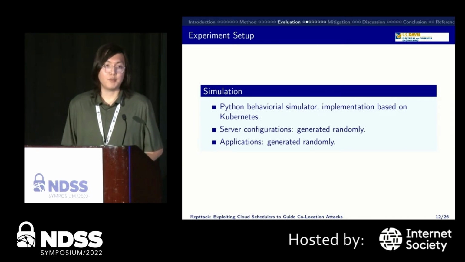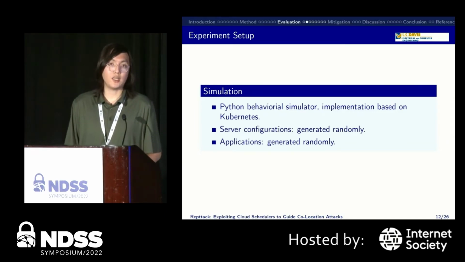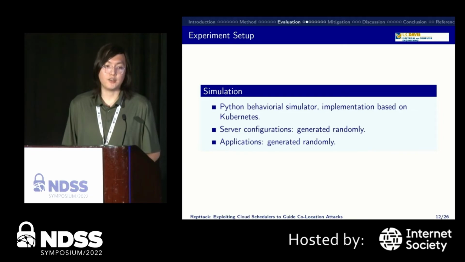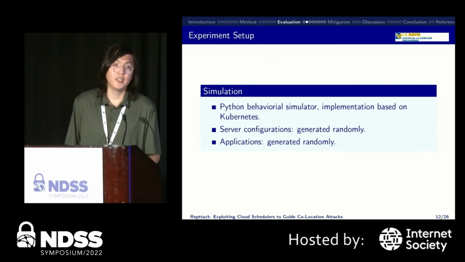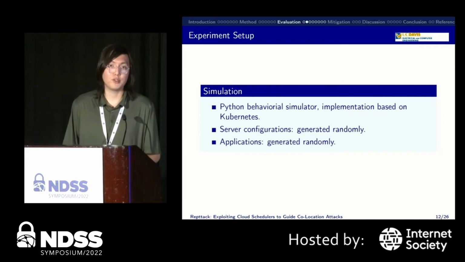In our simulation, server configurations are generated randomly, and applications are generated randomly, and there are a lot of unrelated applications running at the same time with victims and attackers in the system, so that we can simulate a cloud environment with multiple users, multiple attackers, and multiple applications running at the same time.